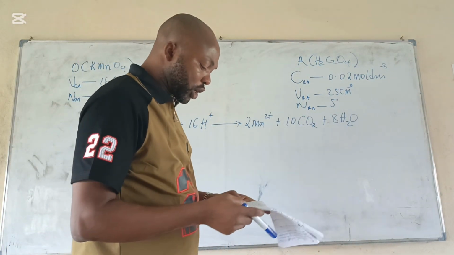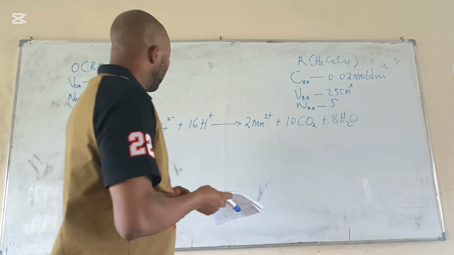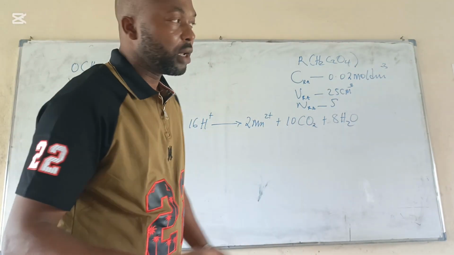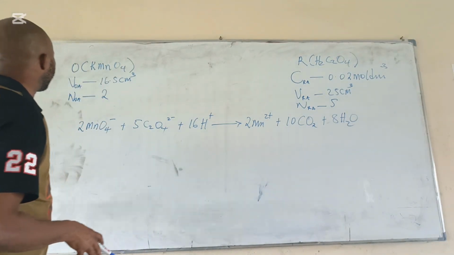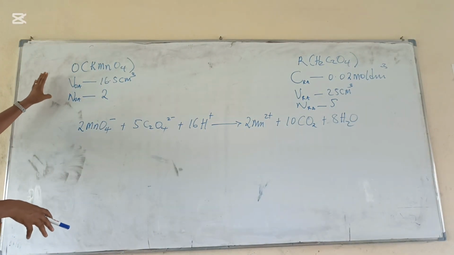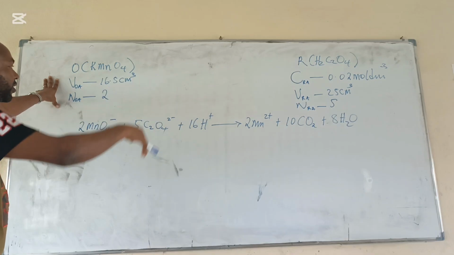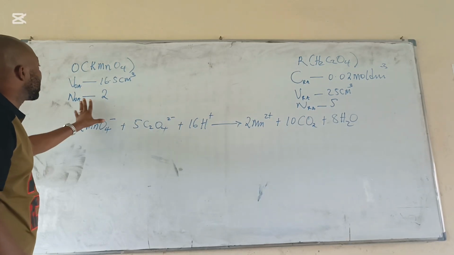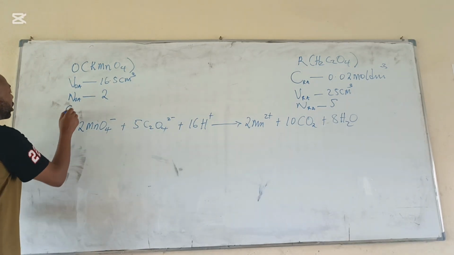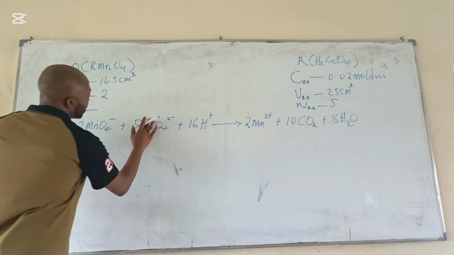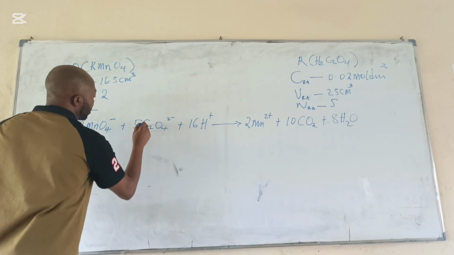We should calculate the concentration of O in mole per dm³. We want to calculate the concentration of the oxidizing agent. Remember, we have that of the reducing agent over there, and that of the oxidizing agent we don't have, so let me put it here. Concentration of oxidizing agent is what? This is capital C. It's important.